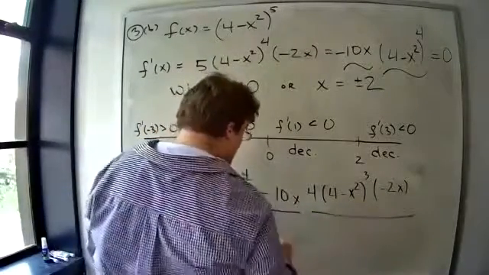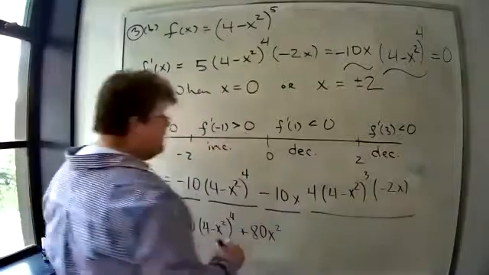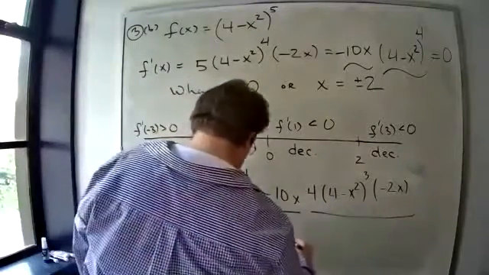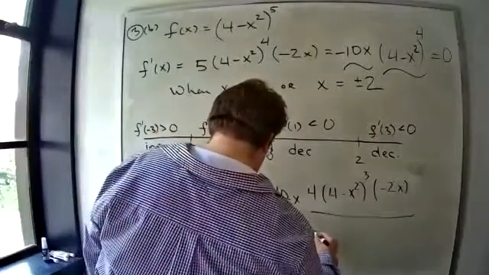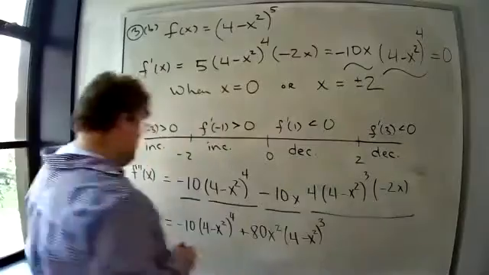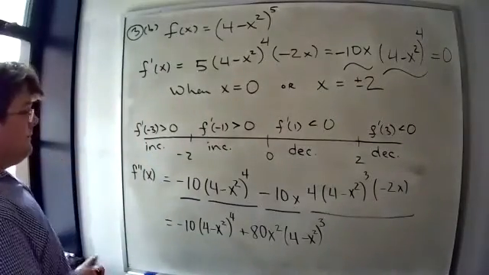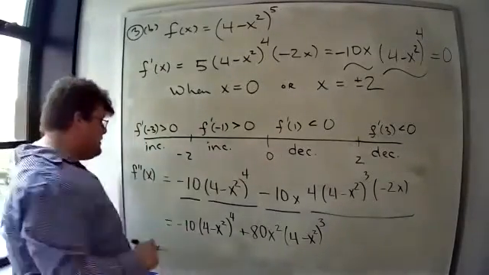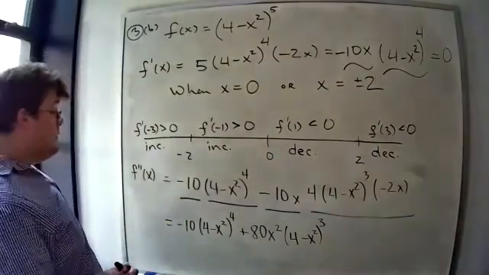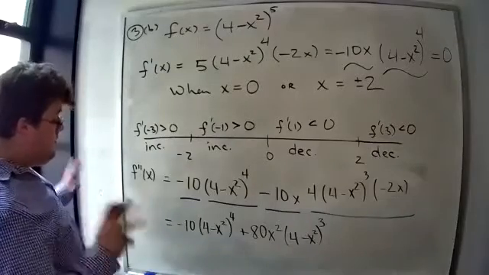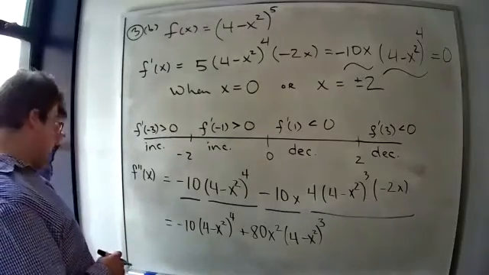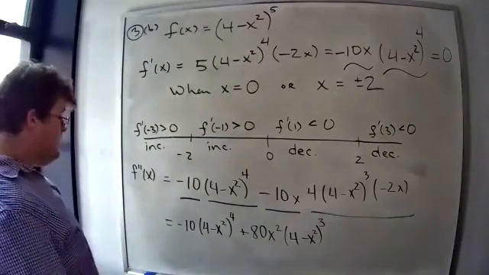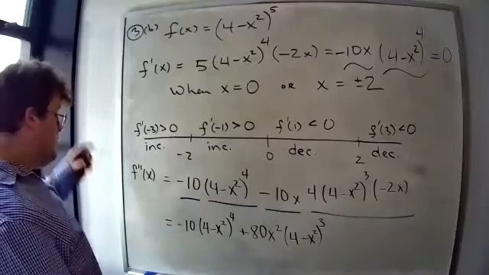We have an x, we have another x, that's two x's, and we have this thing to the third. So we just combined everything on that second term, and now you could, from right here, set it equal to 0 and solve. I'm going to factor it instead first.